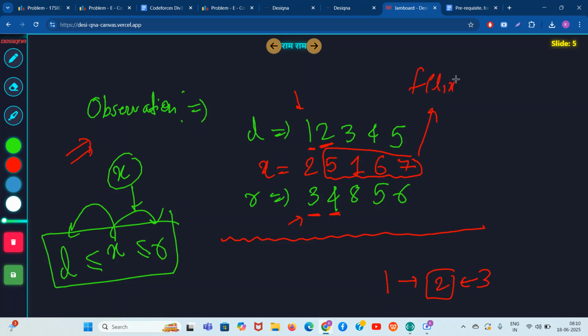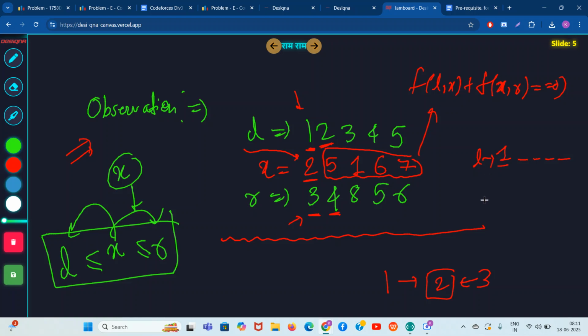For this particular x, f of L comma x plus f of x comma R is 0. Nothing is matching. See, if you are able to bring a proper number at the first index, this was 3. I know this number is a 5 digit number starting at 1.